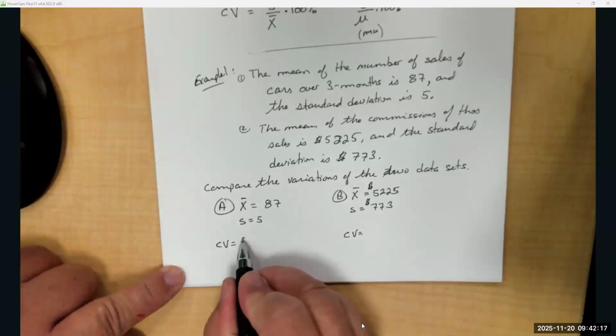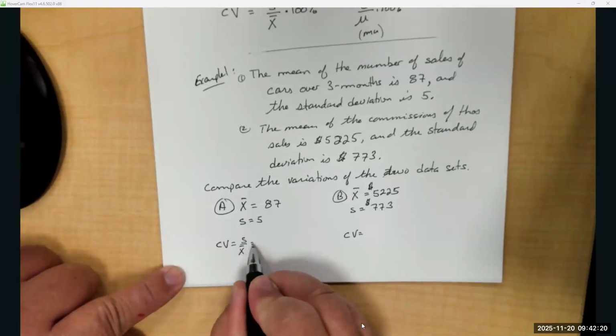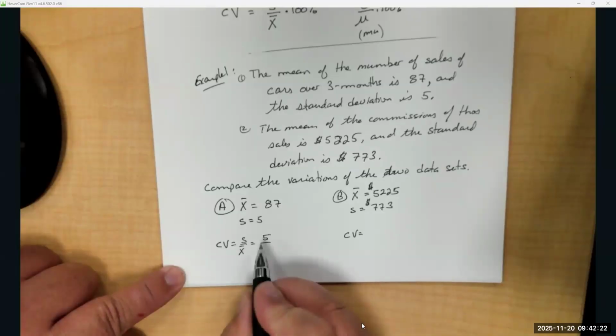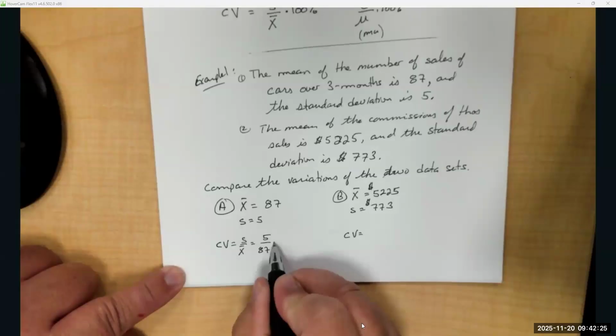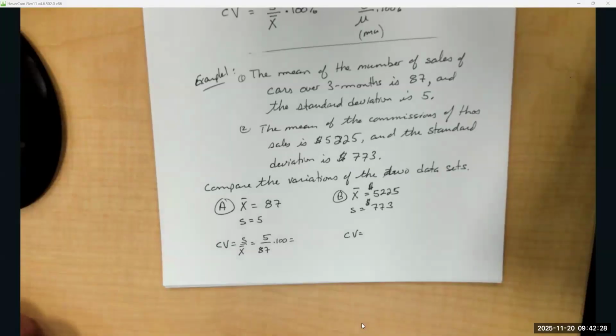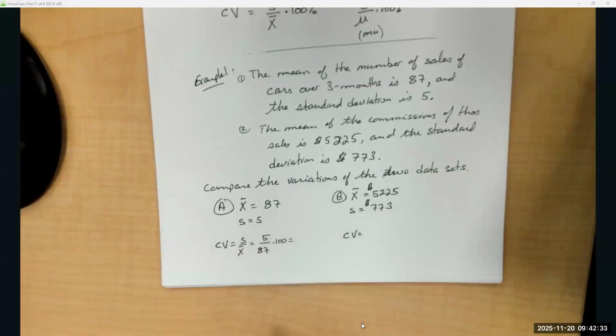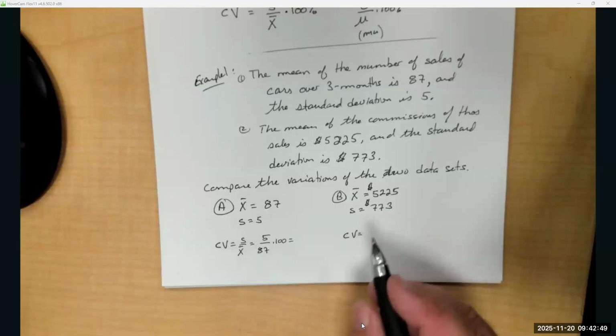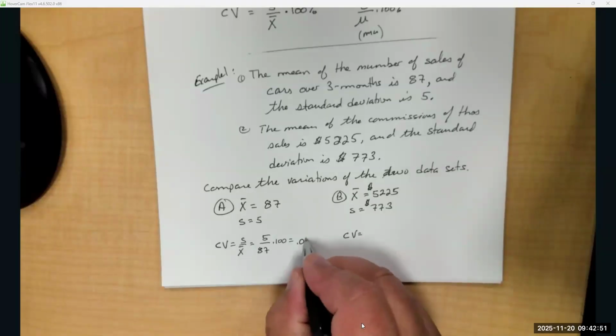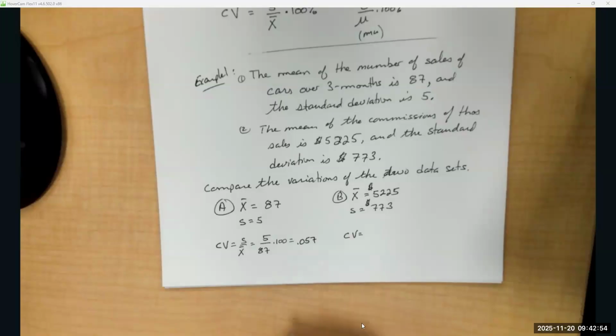The formula is the deviation over the mean, so it's 5/87 times 100. 5 divided by 87 is 0.057 times 100.